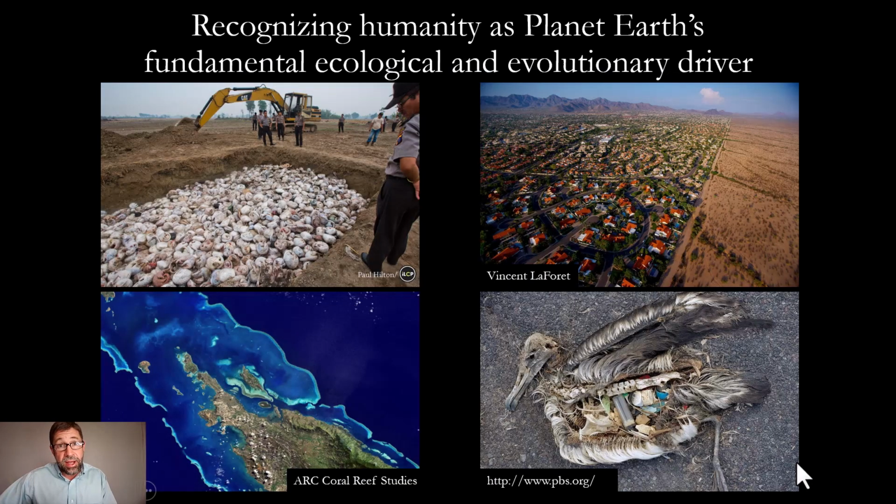In the age of the Anthropocene, we must recognize that humanity has now become planet Earth's fundamental ecological and evolutionary driver. So the loss of biodiversity is attributed to well understood causes like overexploitation. We talked about these pangolins last lecture that were confiscated.